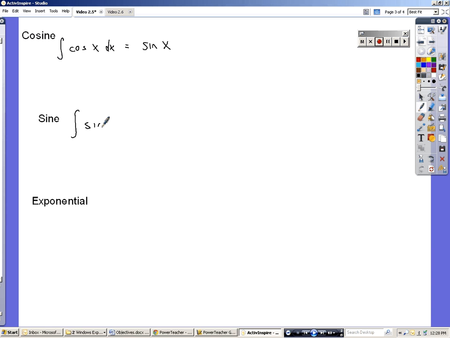The integral of sine x is negative cosine x. Oh, and we've got to add the plus c. Always remember that. It actually is important. And then exponential, remember the exponential function is its own derivative. It is therefore also its own integral. And it's very easy. So those are the antiderivative or integral shortcuts you need to know.